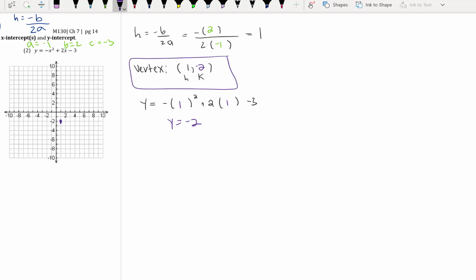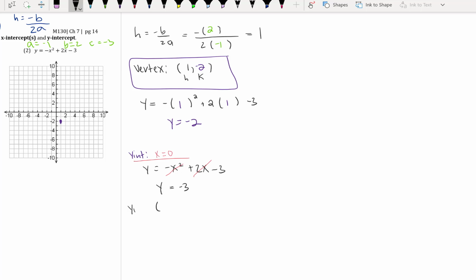Perfect. So now let's look at that y-intercept. Remember, the y-intercept is when you let x equal 0. So if you have y equal to negative x squared plus 2x minus 3, well, x equal to 0 cancels that out. So then y is equal to negative 3.